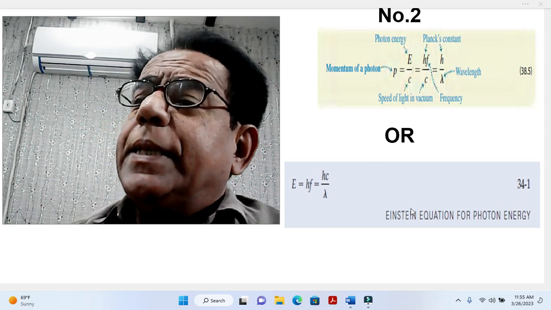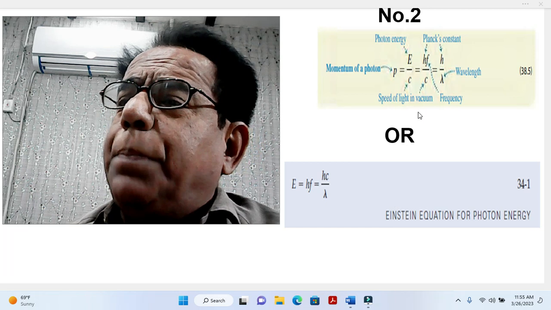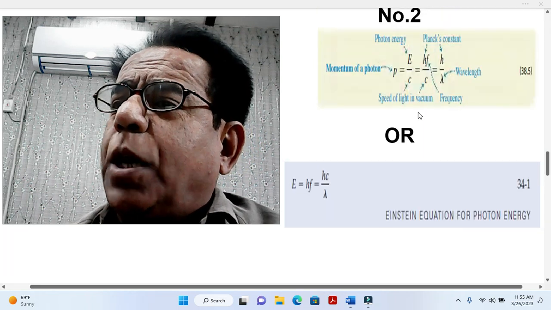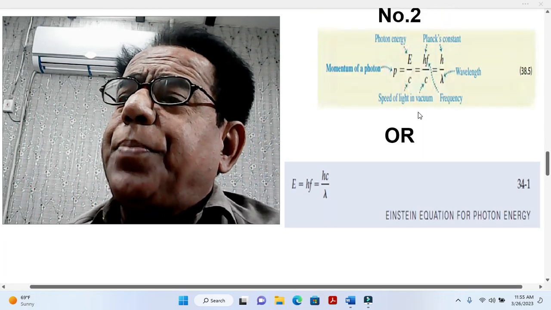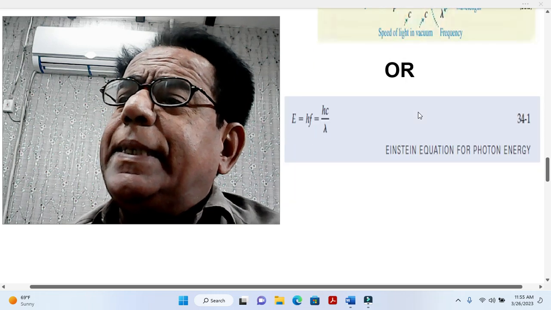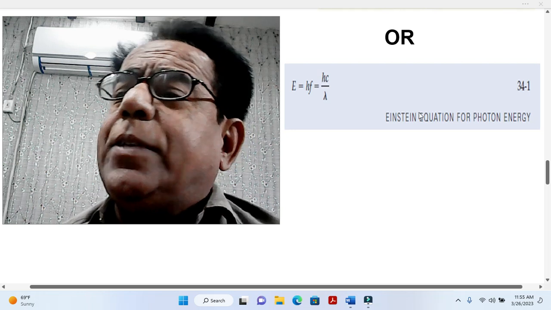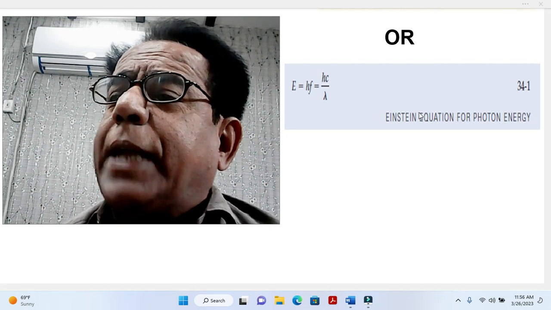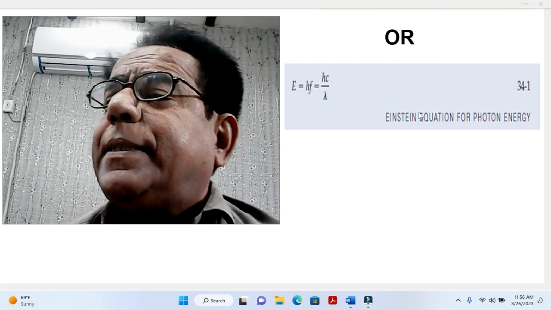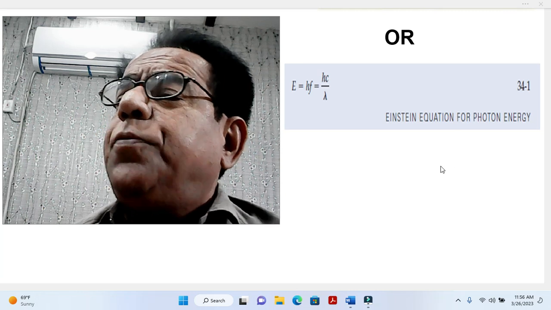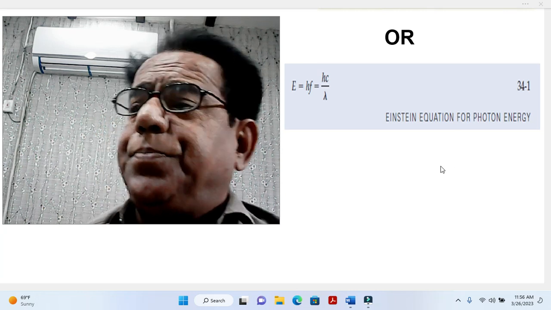This tool, that is tool number 2, momentum of a photon, is re-described in terms of energy. E is equal to HF is equal to HC over lambda, Einstein's equation for photon energy.